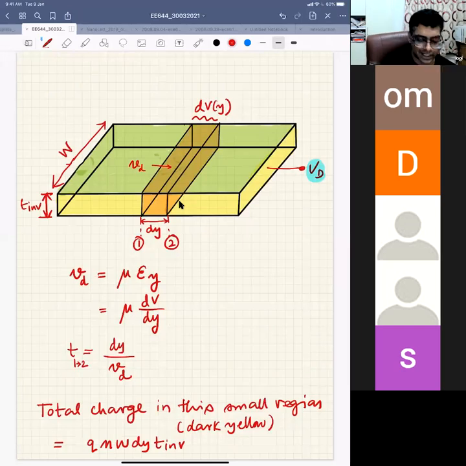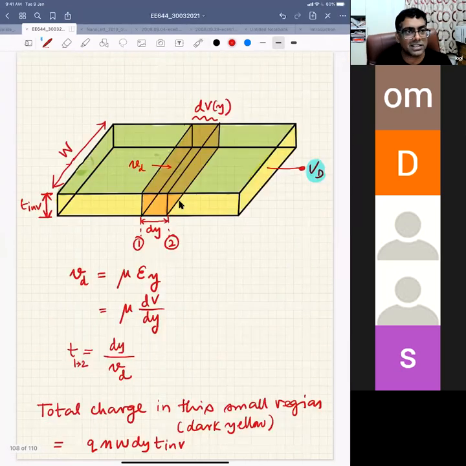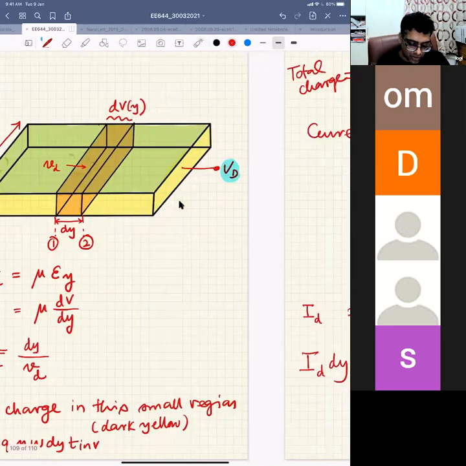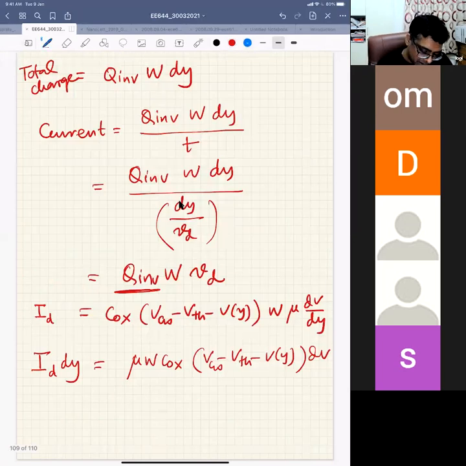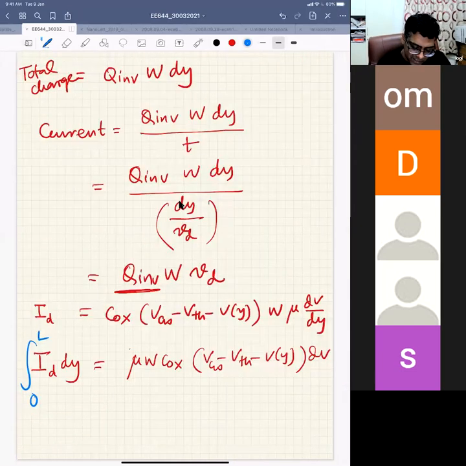When the electrons move from one side of the dy to the other side, this is the current I get. To find the total current, because I have a large number of such small regions, I integrate from 0 to L, since this length is L, and integrate dV from 0 to VDS.